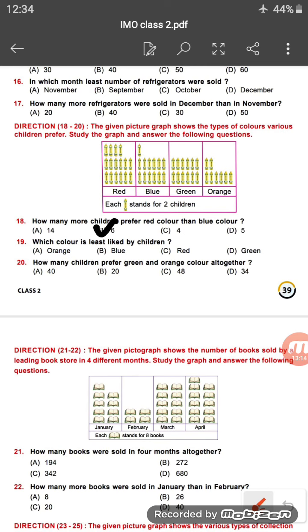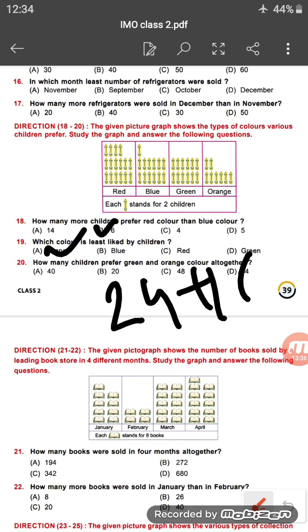Next, the question is, which color is least liked by the children? Very least, orange. How many children prefer red, green and orange color altogether? So 16 plus 24 plus 16, it is 40. Answer will be 40, obviously.